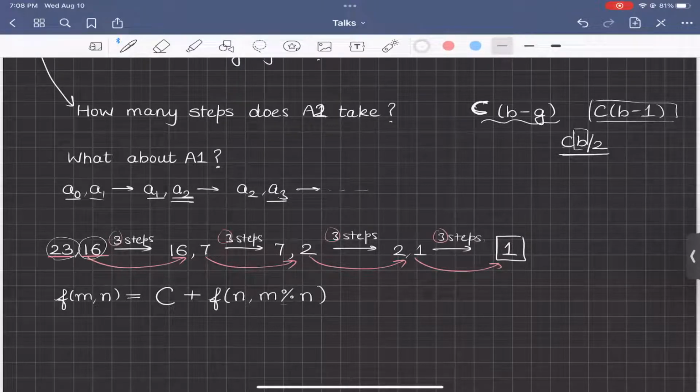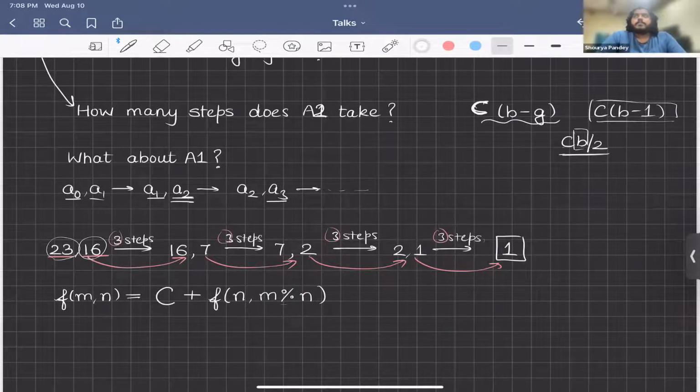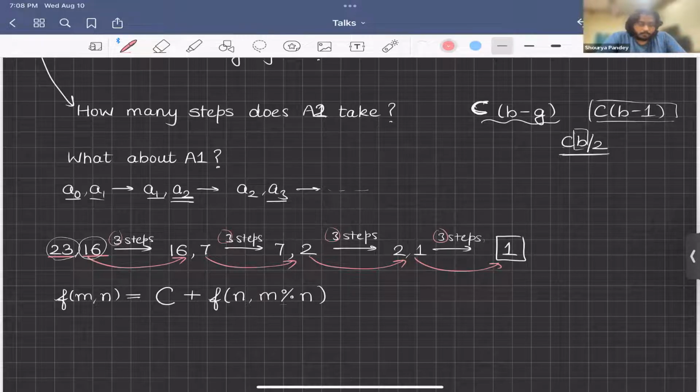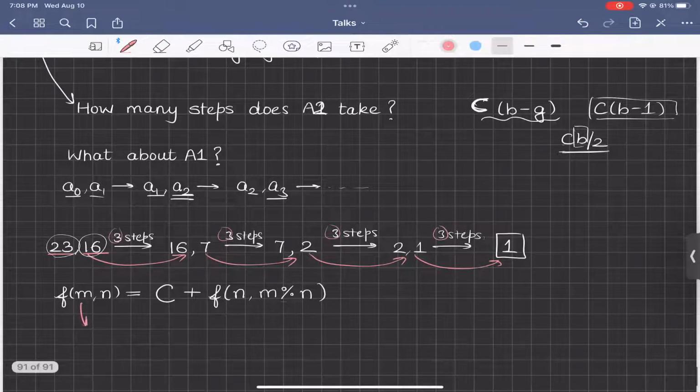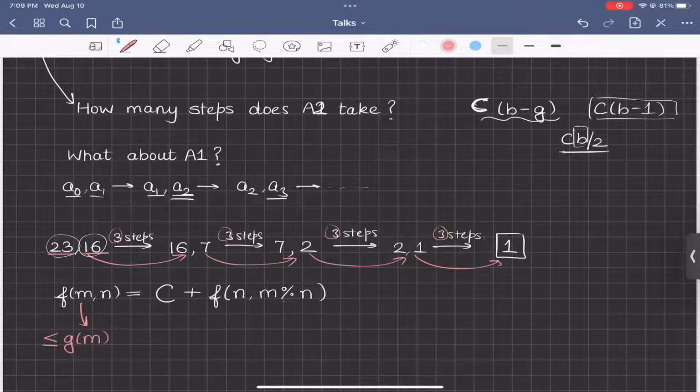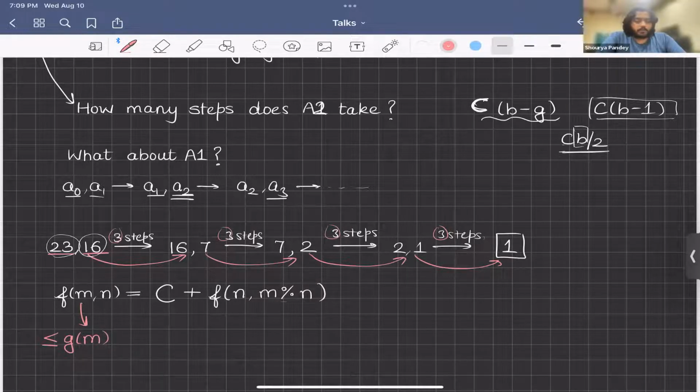So let's just say that f of m comma n only depends on the largest number. So let's say g of m, where m is greater than or equal to n. You're trying to say that I want to bound this by some function of just m, and then show that this g can be logarithmic, something like that.